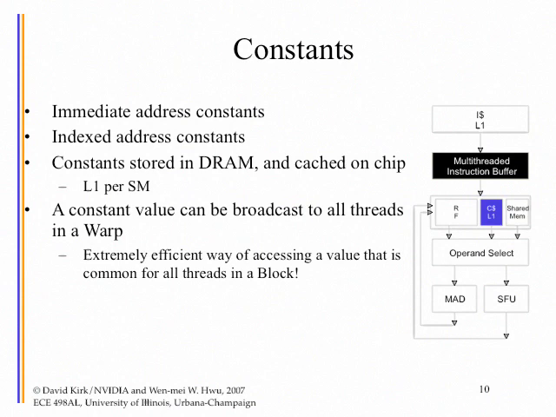But the hardware knows that if the value comes out, that value will be used by all the 8. Okay? So the implementation is extremely efficient. So this is a very efficient way of accessing values that are common to all the threads in a block. I would predict about 1/3 to 1/2 of your projects will end up using the constant memory.